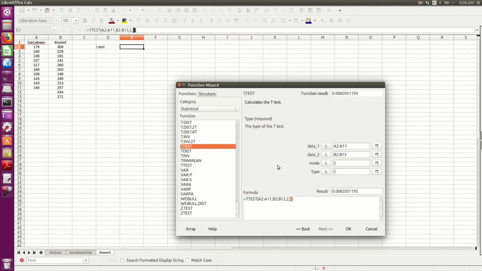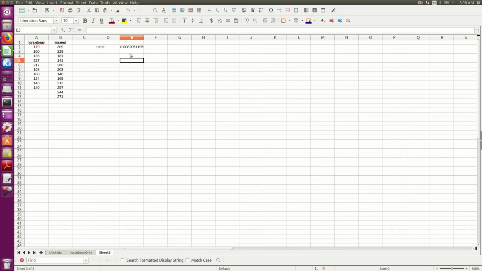If you can't have both a before and after, or some sort of pairing for each case, so I don't get the same number of data in each column, how could they possibly be paired? Okay, so I hit OK, and there is my two-sided test done that easily with Excel.